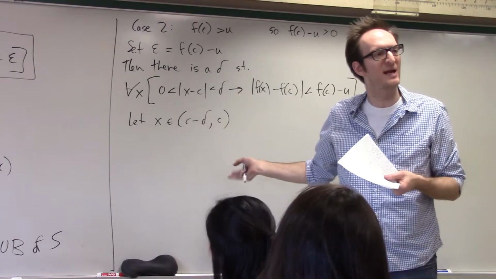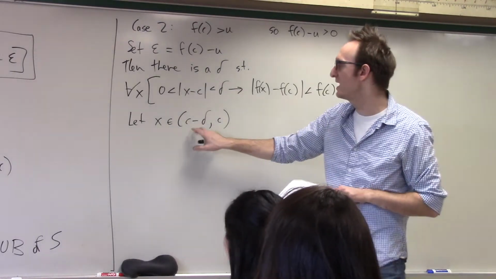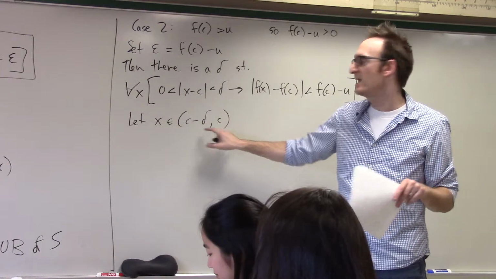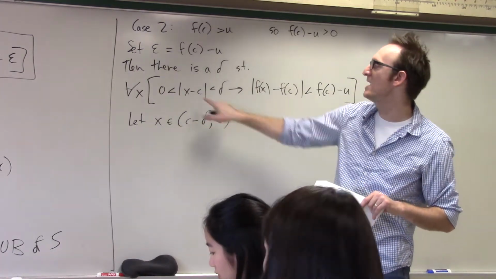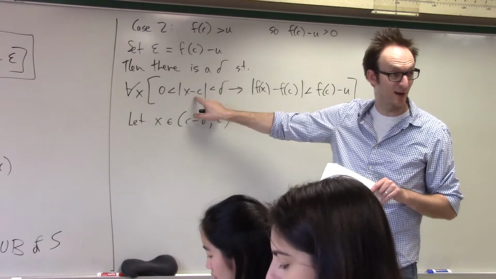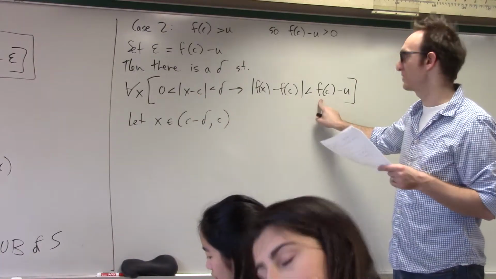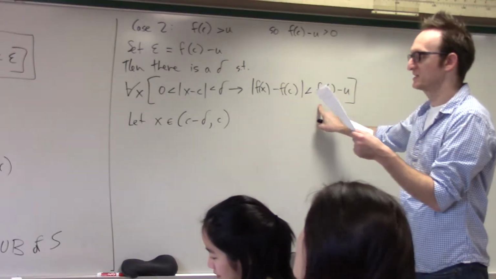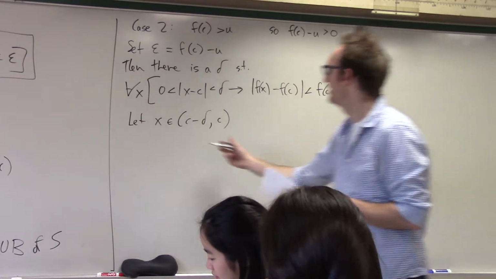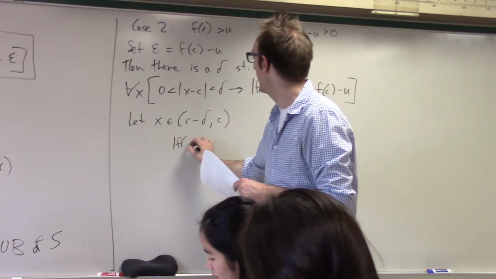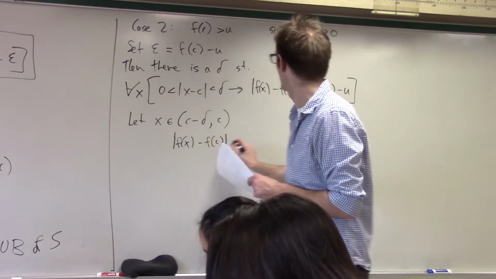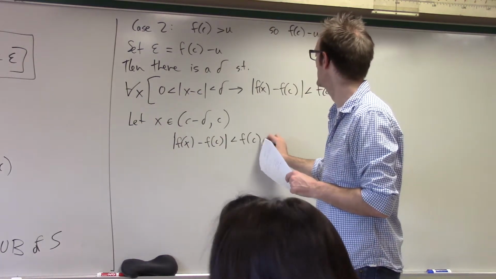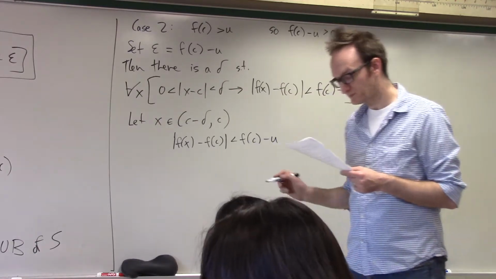I could write this out, but I think it's not totally necessary. If you pick an x value in between c minus delta and c, then it certainly satisfies its antecedent. So let me go right to the consequent: the absolute value of f of x minus f of c is less than f of c minus u.